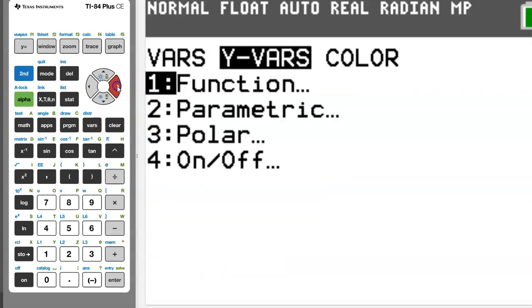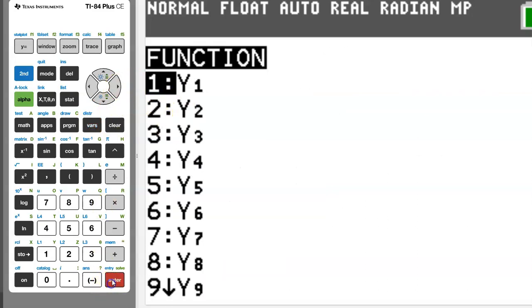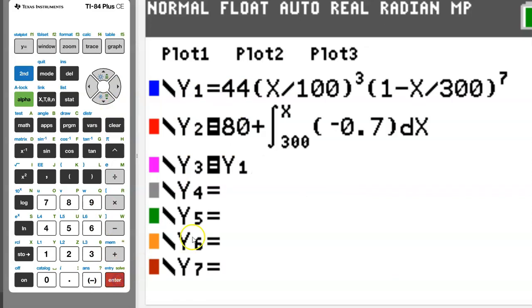So vars, yvars, function, y1. Okay, so this y1 is really the r of t function. And then we want to subtract 0.7. So this is really r of t minus 0.7.